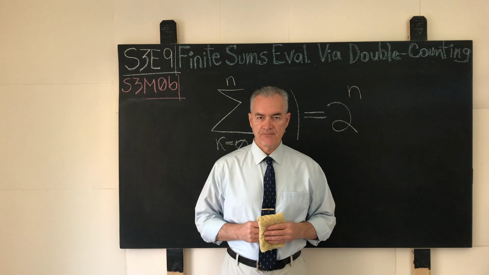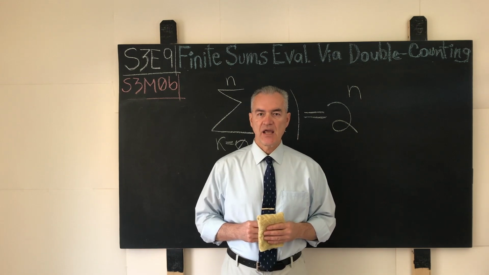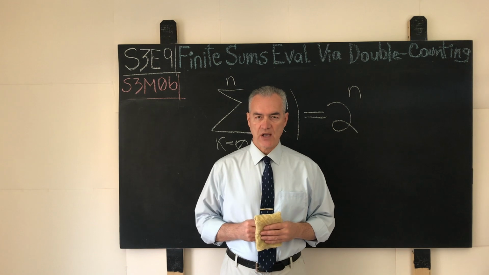One such way represents or convincingly explains, let us say, the left-hand side of such an identity, and another such way of counting represents or explains convincingly the right-hand side of the given identity.